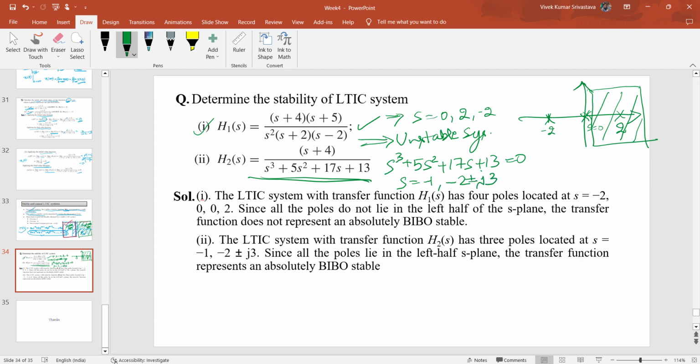Once you plot this in the complex S plane, one root will come here and the other two roots will come here. It means that they lie on the negative half of the S plane. So that's why this system is a stable system.